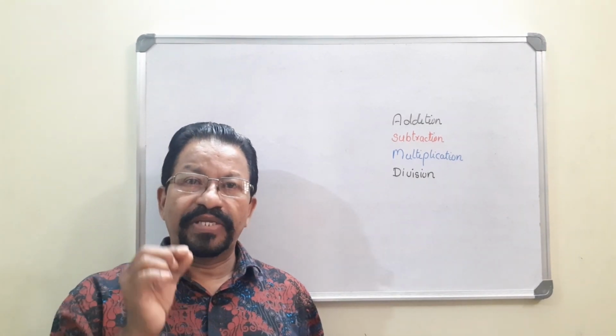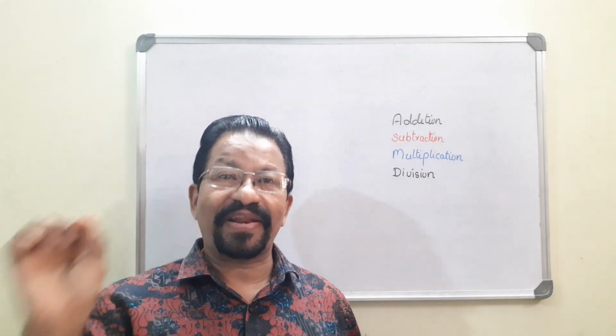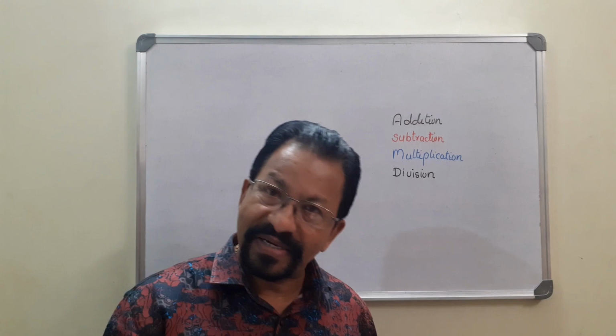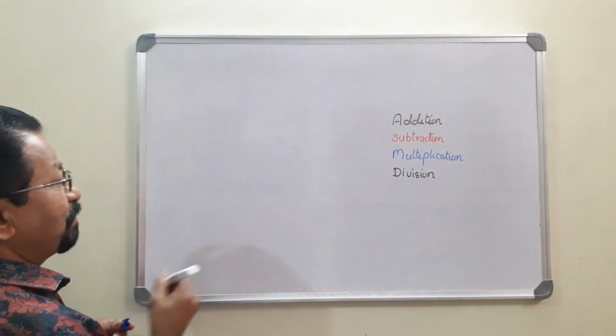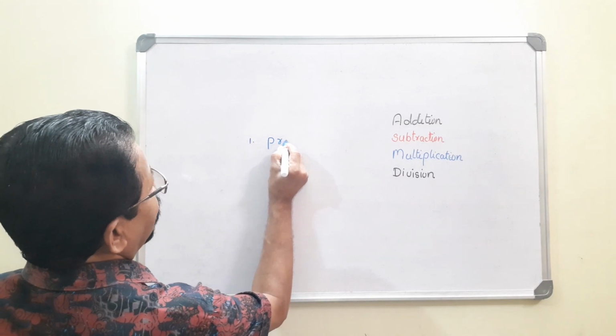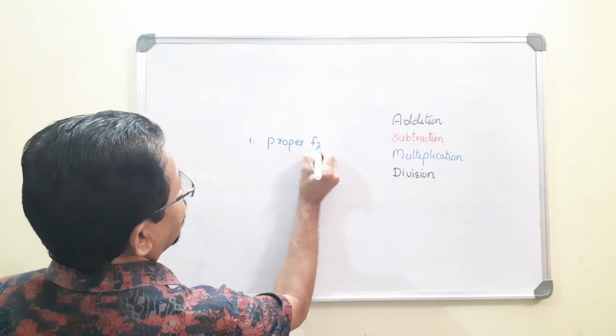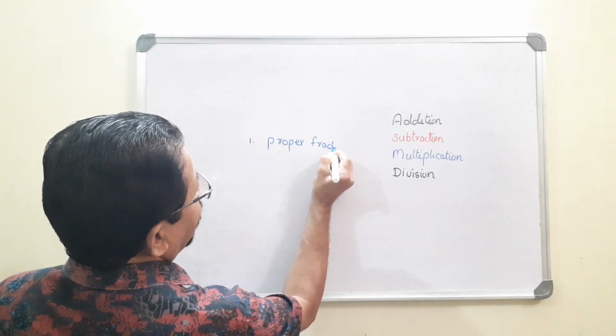Based on the numerator and denominator of a fraction, we can classify fractions into 3. What are they? Number 1 is proper fraction. Proper. Anybody can understand. Proper fraction.